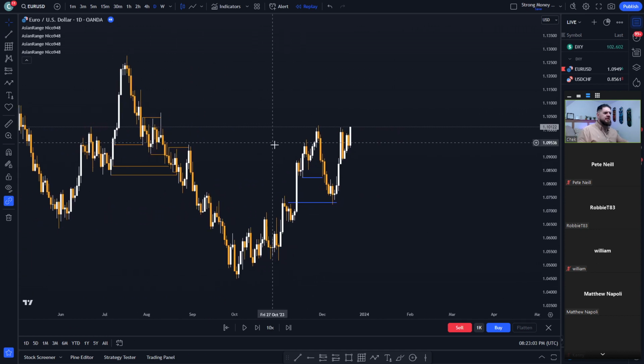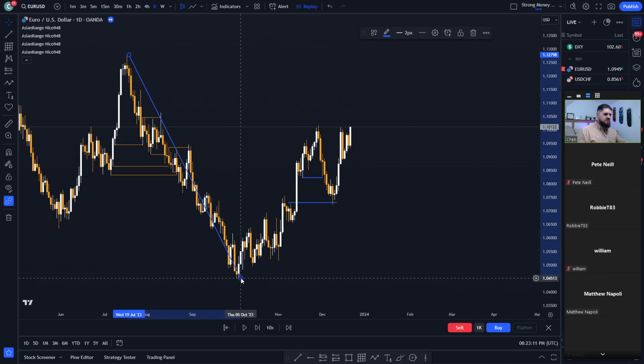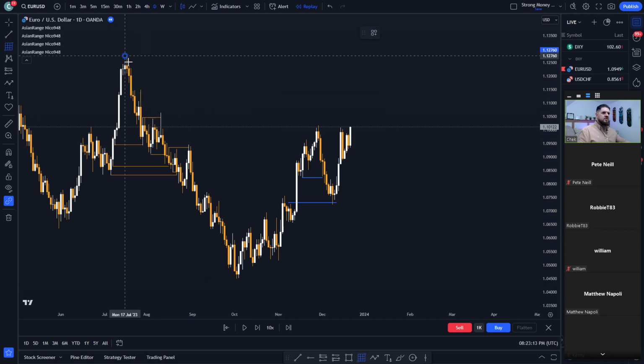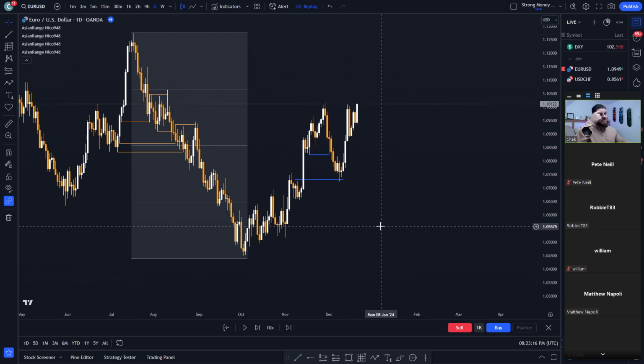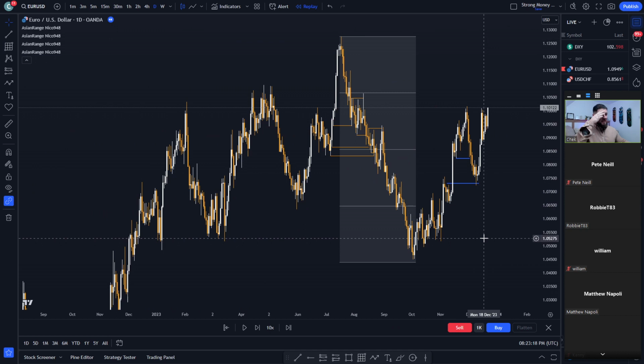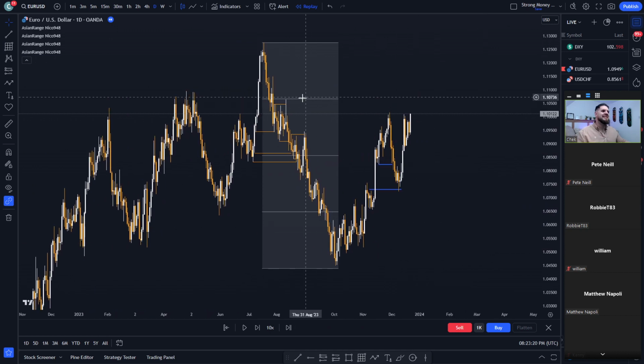We've changed bullish, so we're now in a bullish market condition, and the range is like that. The expectation now is that we're going to be pushing higher, at least to one of these levels, maybe get ourselves into premium or hopefully take out the external level.